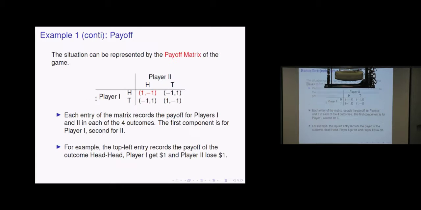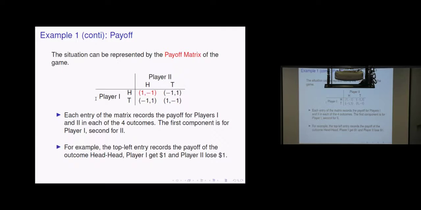For example, this is a zero-sum game. If you look at the sum of the payoff at each entry, you get 0, right? So player 1 will win the amount that player 2 loses, and the same for the other possibilities. Player 2 will win whatever the amount player 1 loses. So the sum is 0.